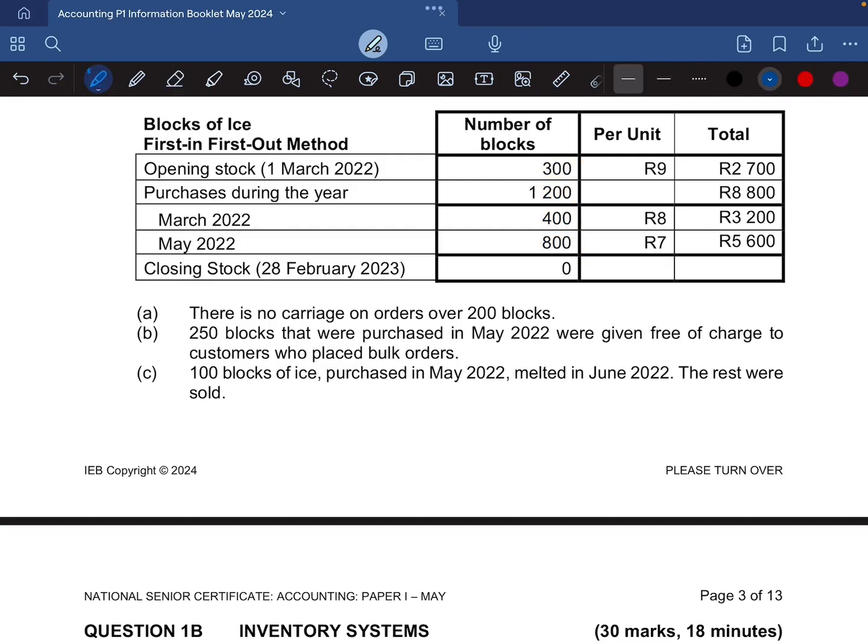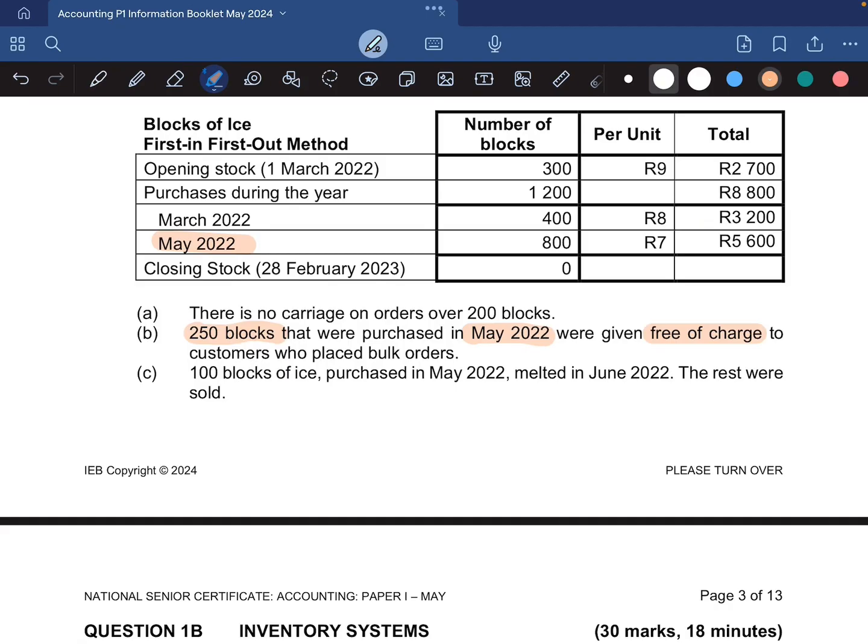And then secondly, 250 blocks that were purchased in May 2022 were given free of charge to customers who placed bulk orders. Okay, that was free of charge to customers who placed bulk orders.